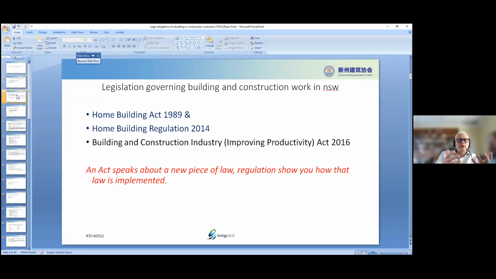Okay, so a good example is if we look at the other act that we have to follow as builders, which is the WHS Act, New South Wales, 2011. Now, if you go to the Safe Work website, you will see all the codes of practice relating to that act, such as working in confined spaces, working at heights.